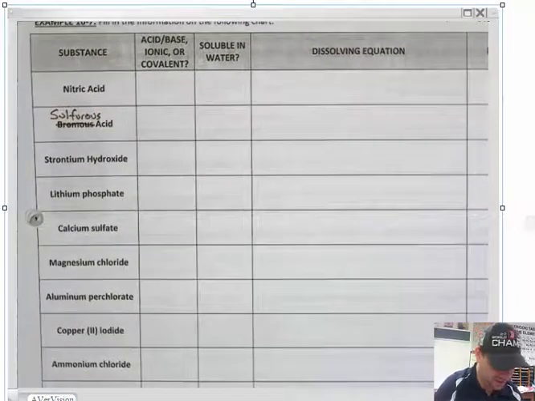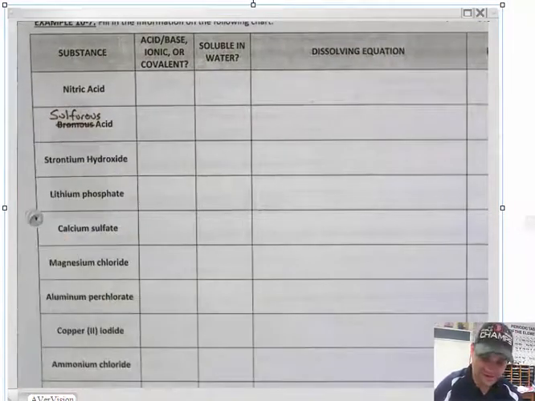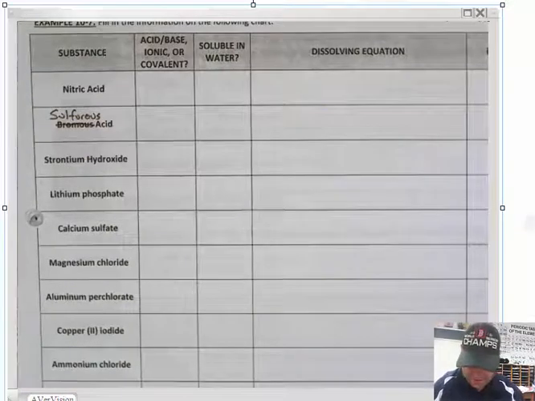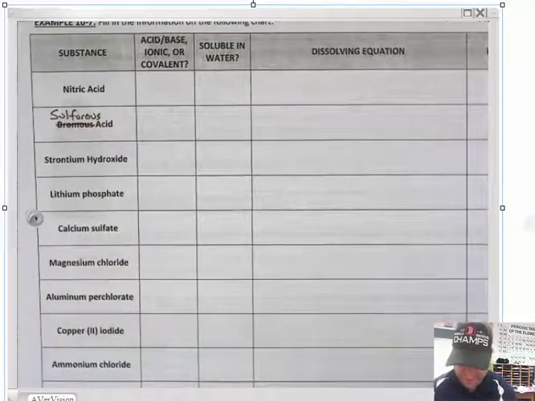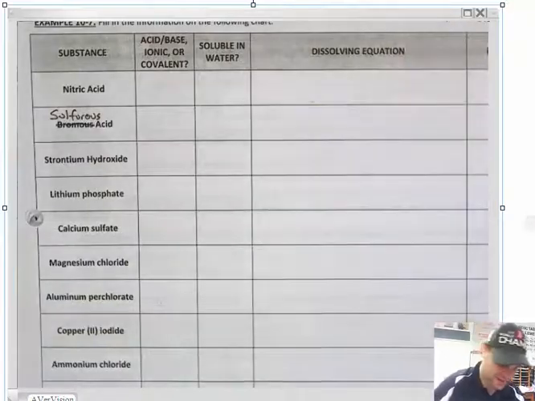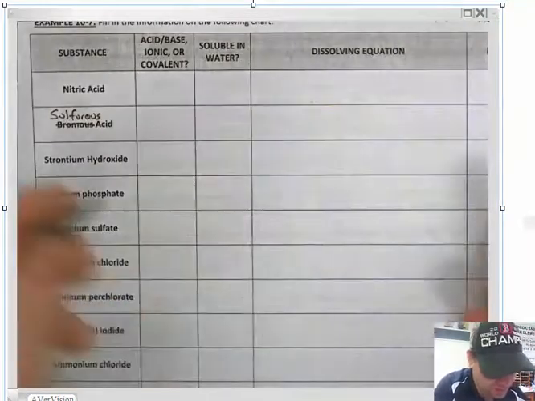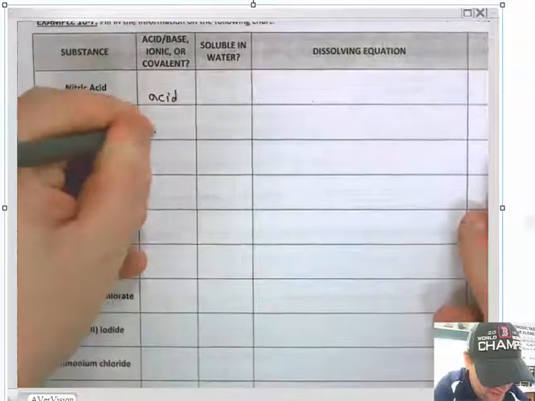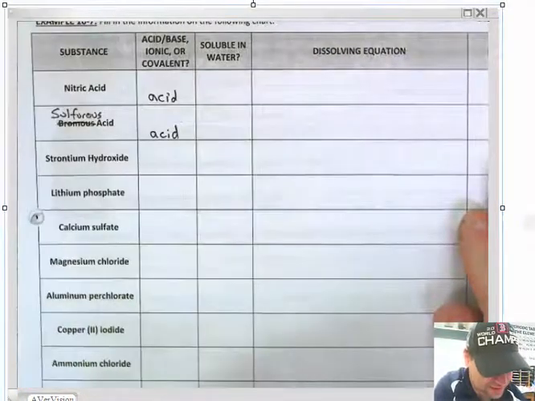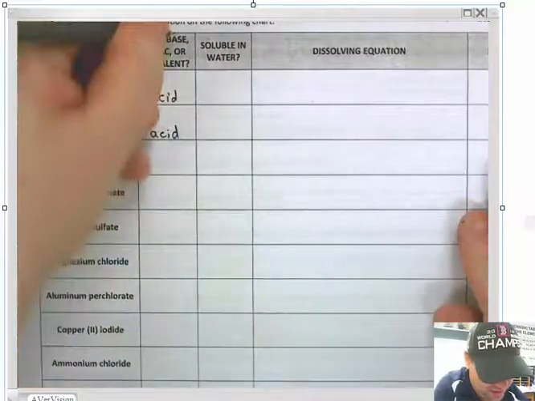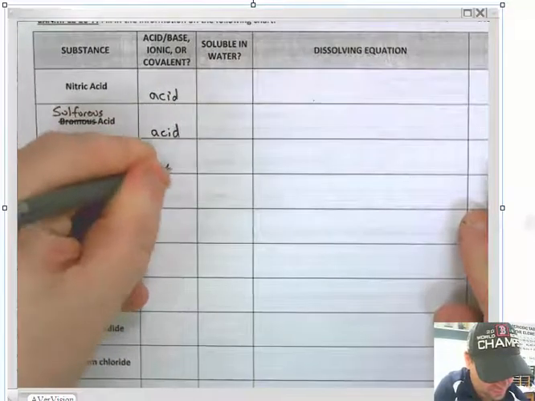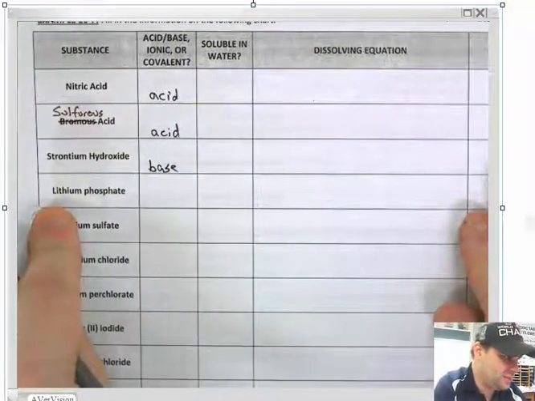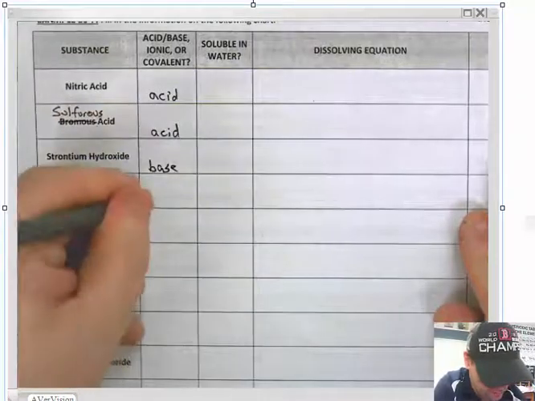First is ammonium chloride. Notice I changed this to sulfurous acid here. The first thing you have to do is figure out if these are acids, bases, or ionics. Remember, acids have the word acid in them. Bases, you're looking for the OH-. Lithium's a metal, so this is ionic.